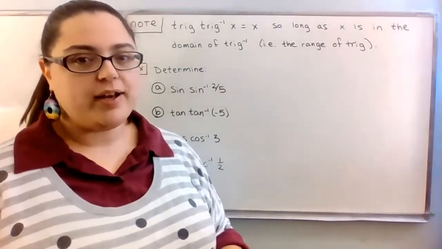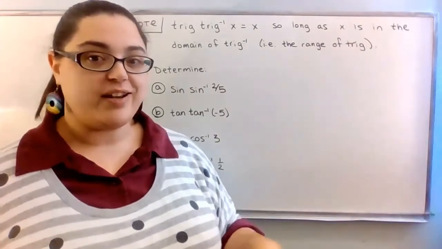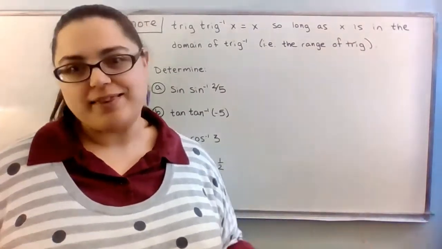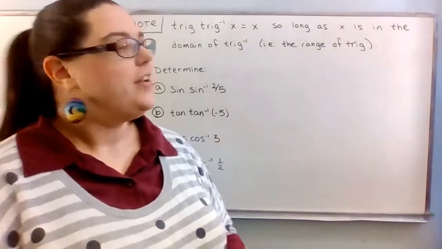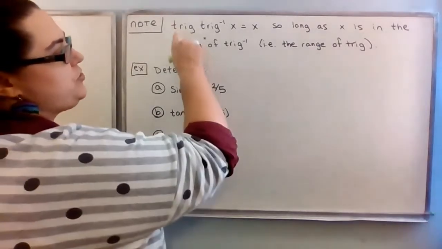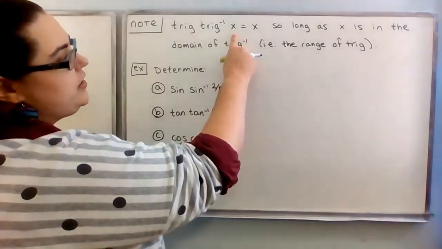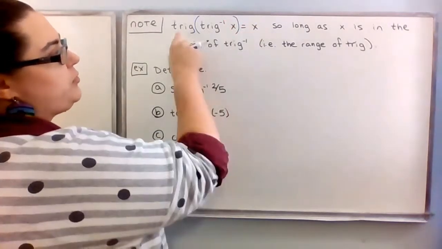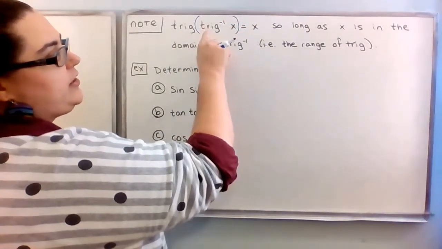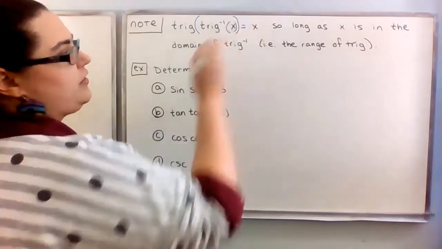The other thing I want to point out is that with our trig notation, we have a tendency to drop parentheses because they kind of get in the way when we're writing a lot. So when you see something like trig of trig inverse of x, really this is a composition of functions. So we have trig of something, and then inverse trig of something.